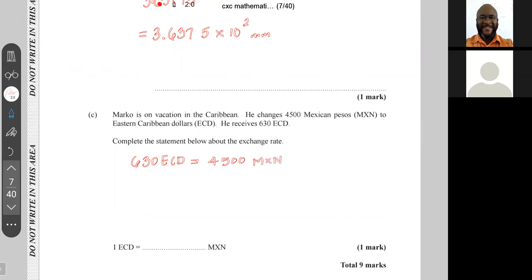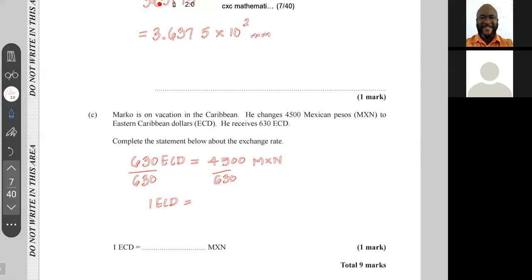All right, so 1 EC dollar now. To get 1, I'm going to divide both sides by 630. When I do that, I'm going to get 1 EC dollar on the left, equal to 4,500 divided by 630.